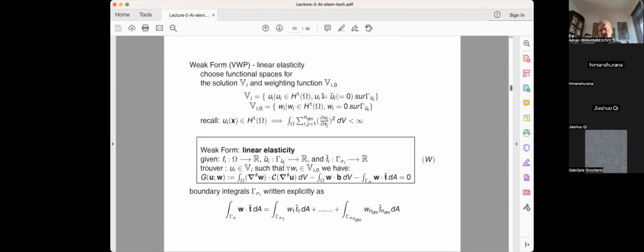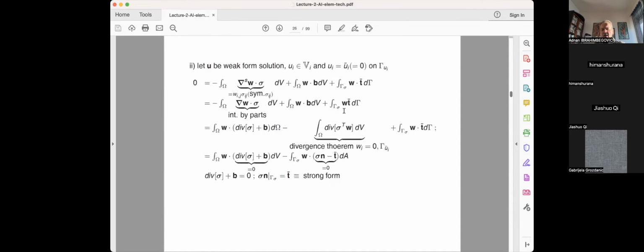These are called essential because they are there. You have to have this in order to guarantee the kinematic admissibility of the weighting function, whereas the natural boundary conditions are not necessarily needed because they are recovered directly as you go through this development.